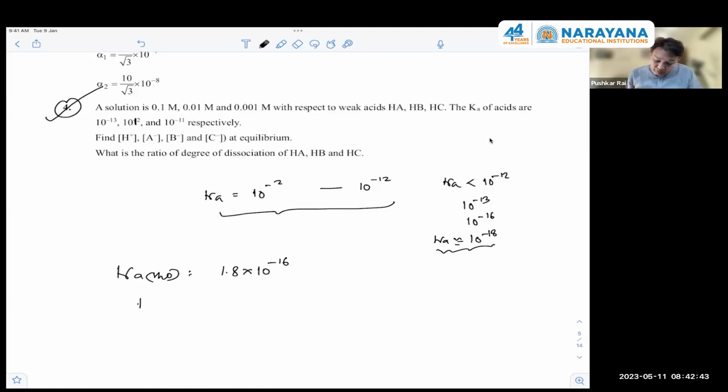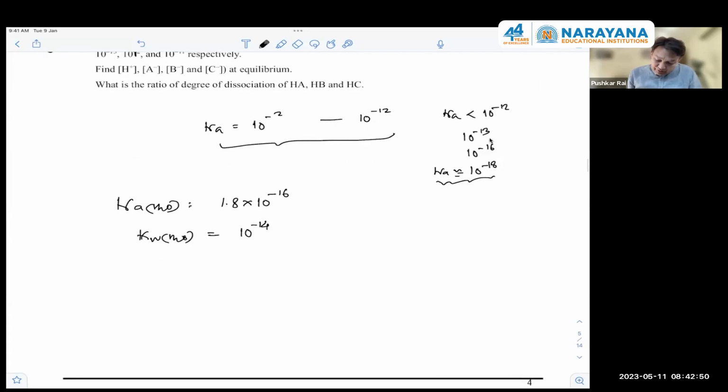This is KW. What is the difference between KW of water and K of water? I tell you. By K of water, you could not calculate delta G naught. Delta G naught is minus RT ln KW. For finding delta G naught, you will always use KW.